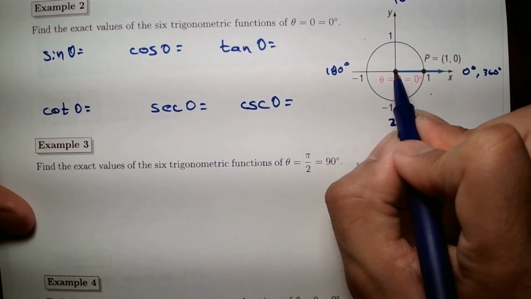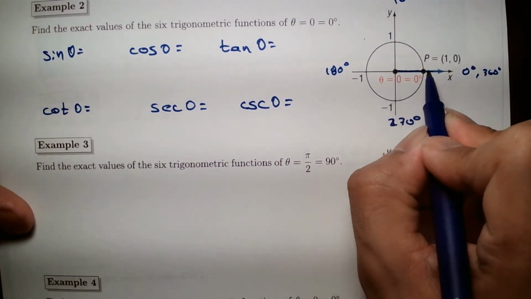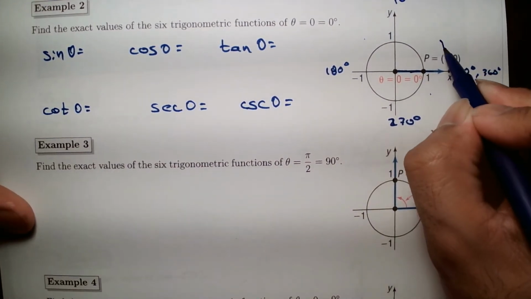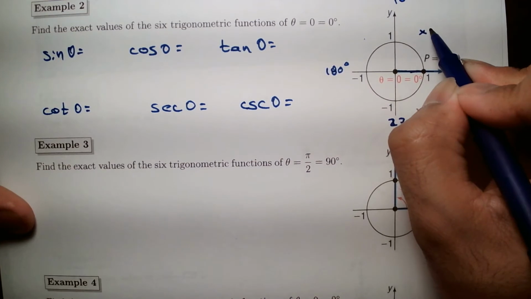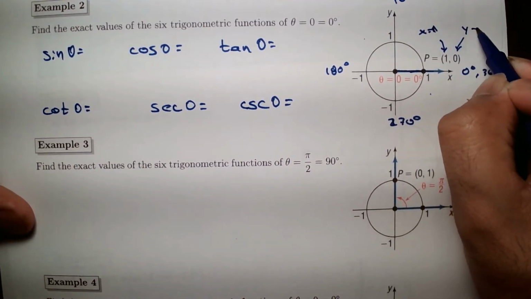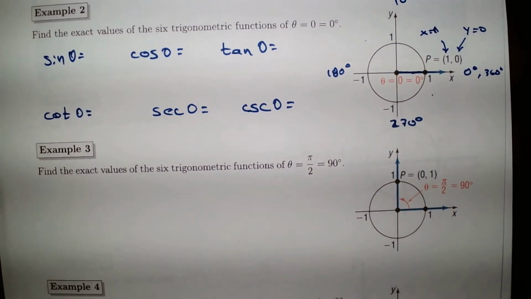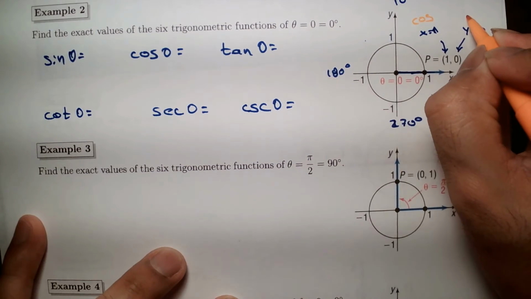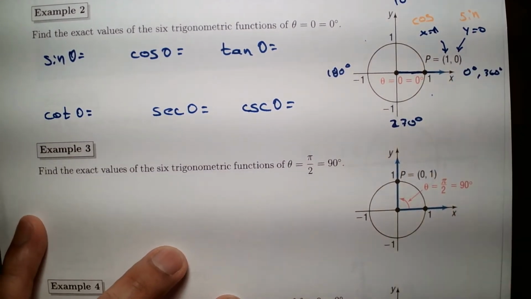For 0 degrees, we have basically the positive x-axis, in which x equals 1 and y equals 0. And keep in mind again that the x component is cosine and the y component is sine.